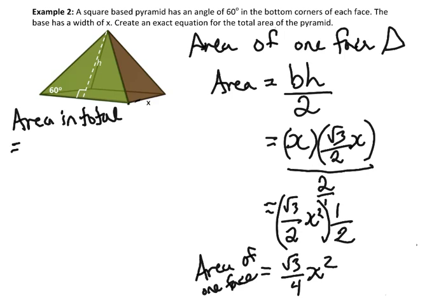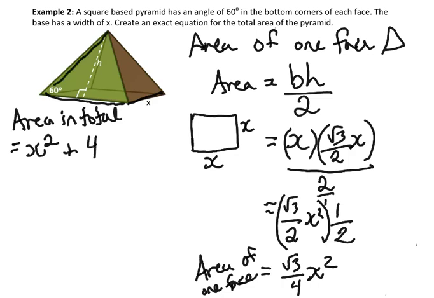The base on the bottom is just x by x. If I draw the base out over here, it's literally a square, x by x. So the area of that base is just x squared, x times x, plus 4 of these triangular faces that I just found. And each triangular face has an area of root 3 over 4 x squared.